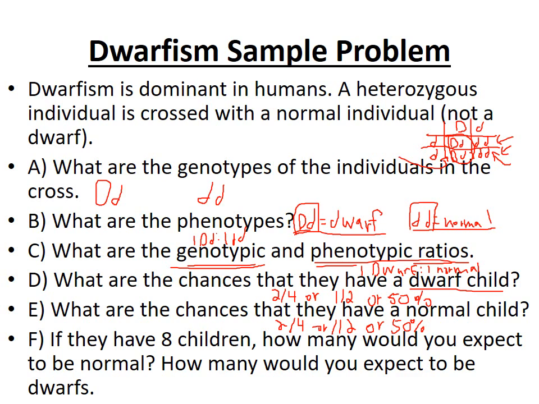So if you have 50% chance of getting non-dwarf, that would be 4 normal, I'll just put 4n, and 4 dwarf, because it's a 50-50 chance. So I just multiply the percentage of each phenotype by the total number of children that are given in the question.